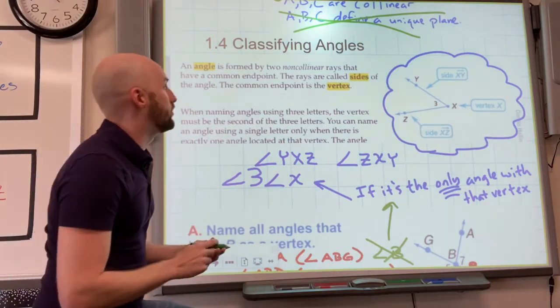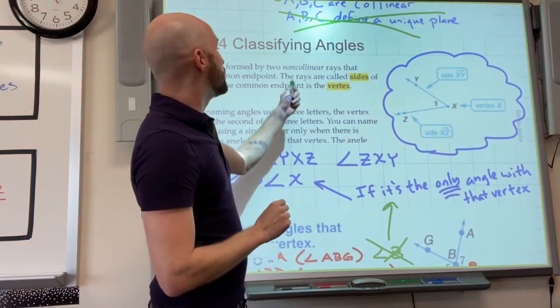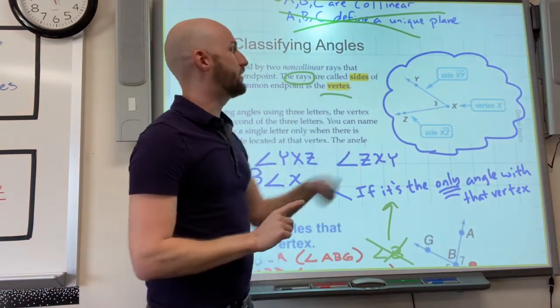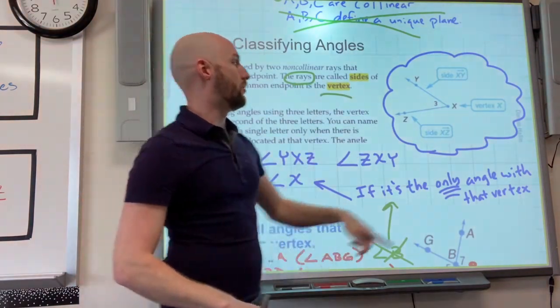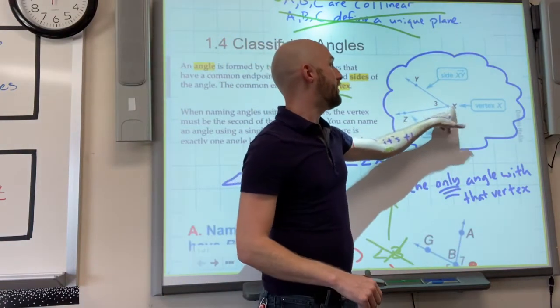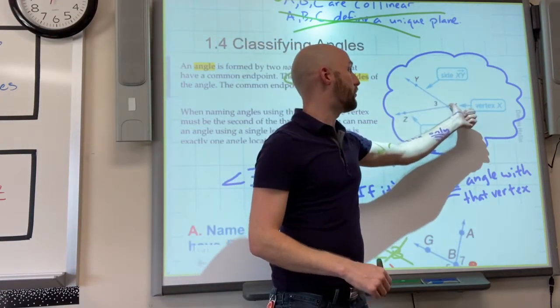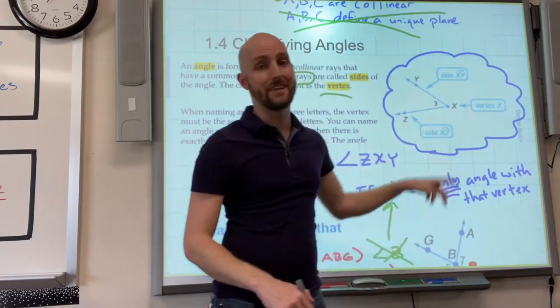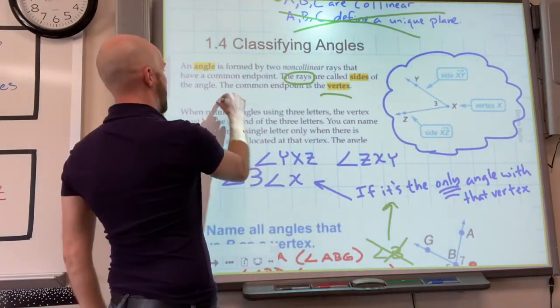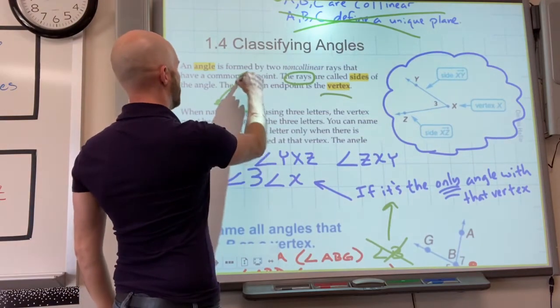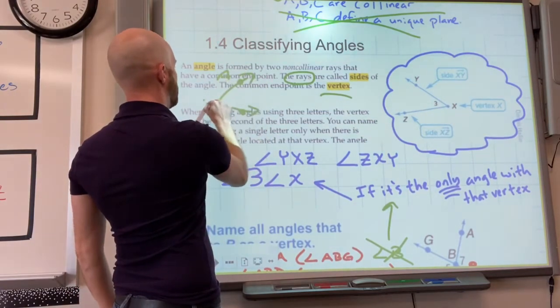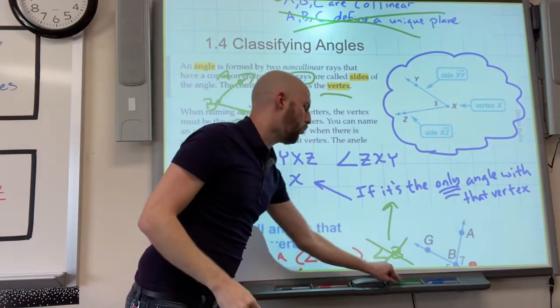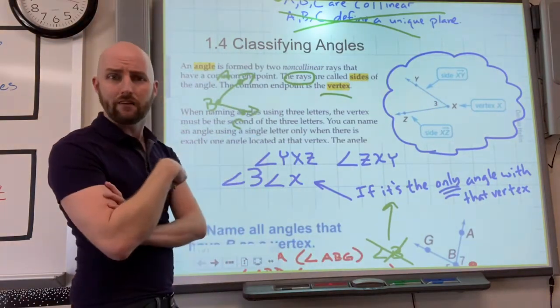So what is an angle? An angle is essentially 2 rays connected at a vertex. So if this is the vertex X, its sides are the ray with endpoint X pointing to Y and endpoint X pointing to Z. So if I gave you a random angle, let's just call it ABC, and I said, hey, could you label the sides of this?